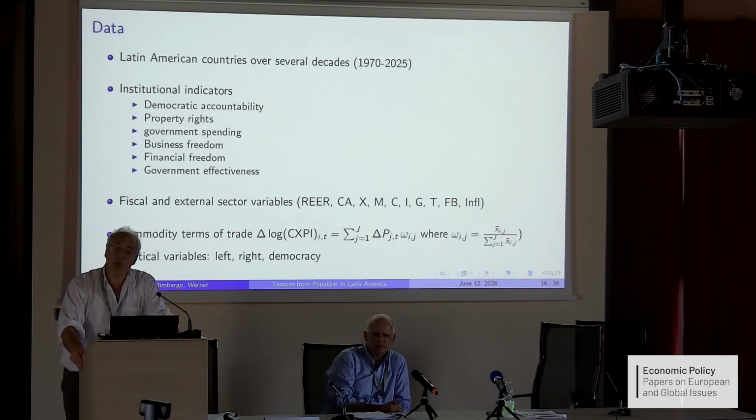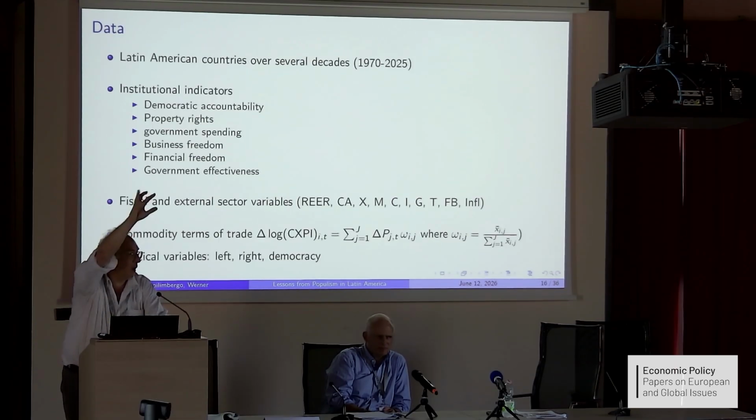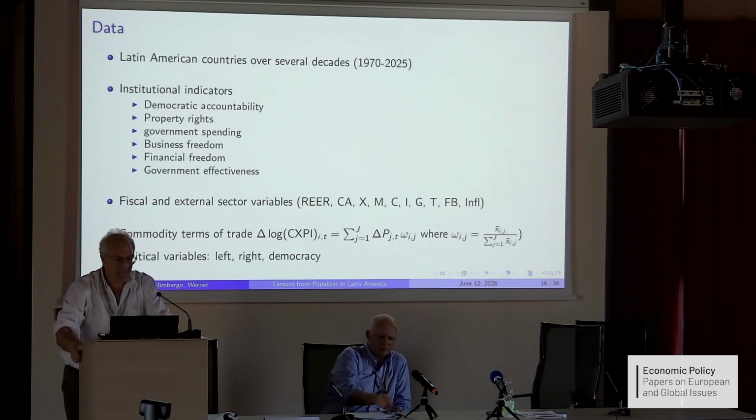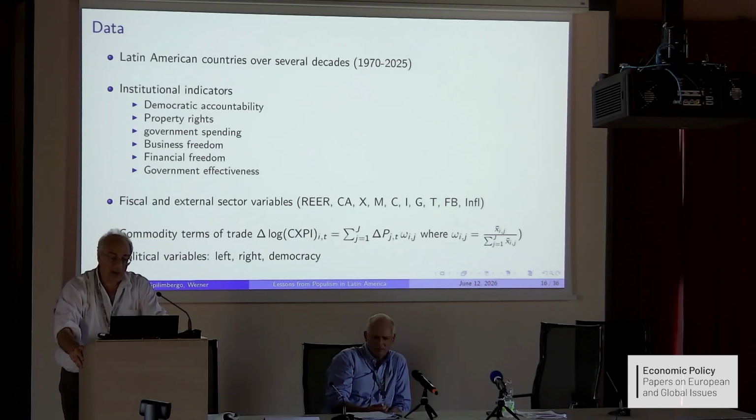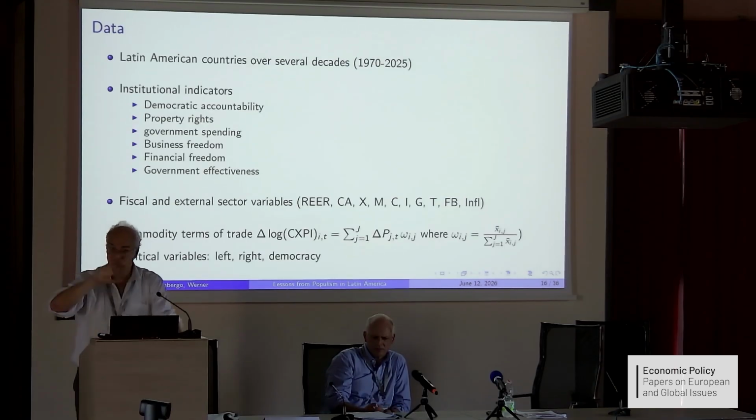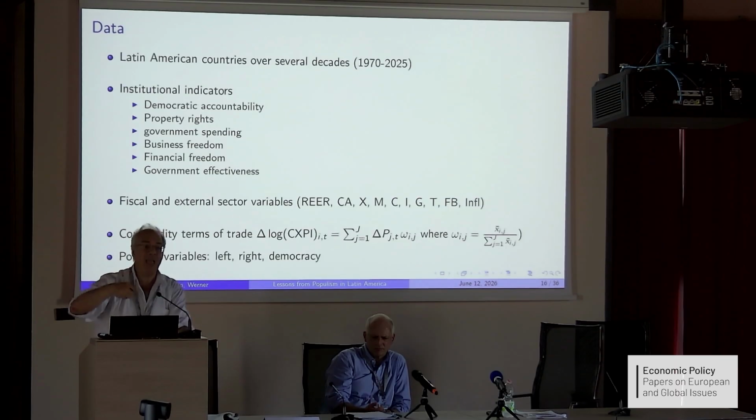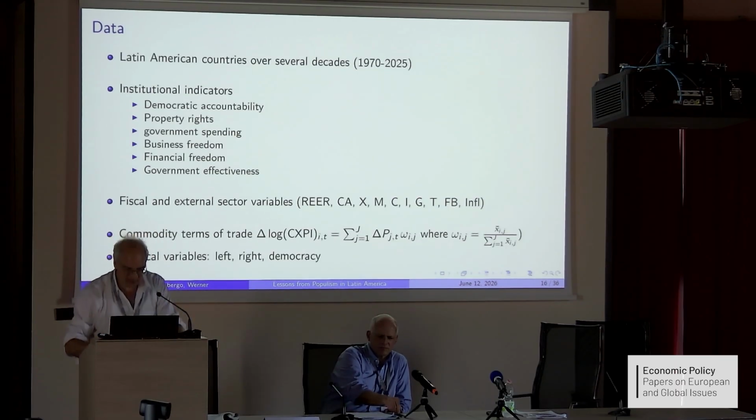We have some democratic indicators, which are the things that populists are not very happy about. They want to disable them because they go against the logic of us against them. We check standard macro variables, and we control for terms of trade, to check the hypothesis that you have extra life if you have a commodity boom.